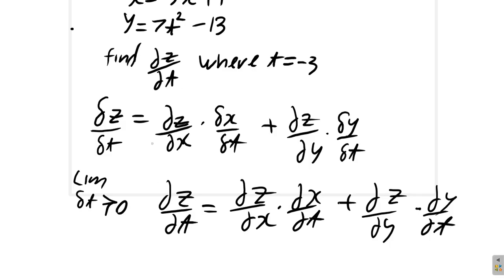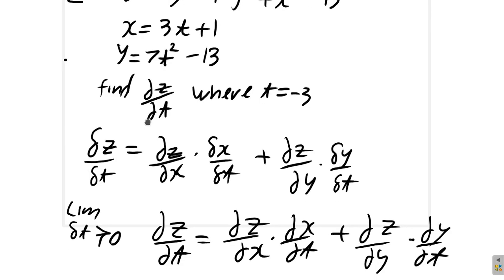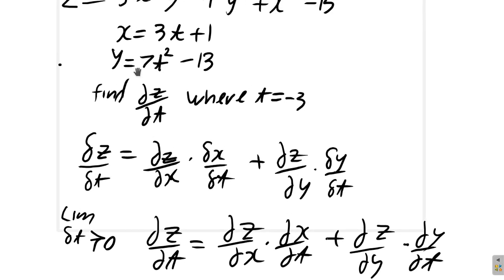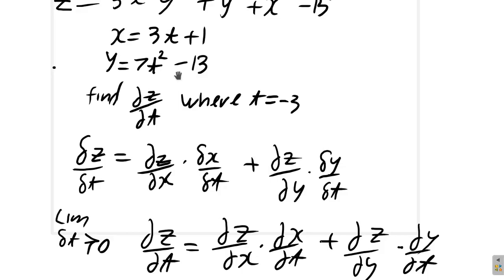Alright? Now what is the partial derivative of x with respect to t? X is equal to 3t plus 2, so delta x by delta t would be 3. What about delta y by delta t?